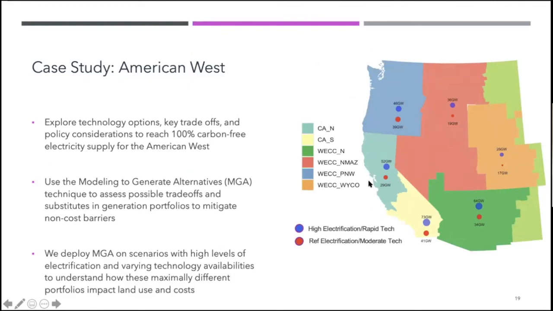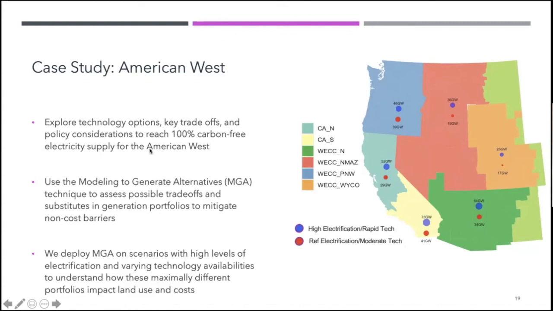We have solved this case study for 3 different technology availability options and 2 different levels of electrification of the system, which is high electrification by 2045 and reference electrification level by 2045. The objective that we want to achieve here is 100% carbon-free electricity supply by 2045.